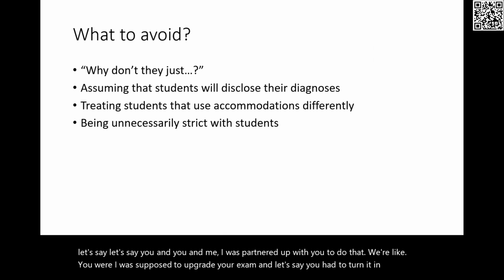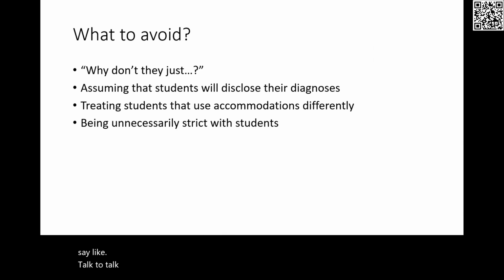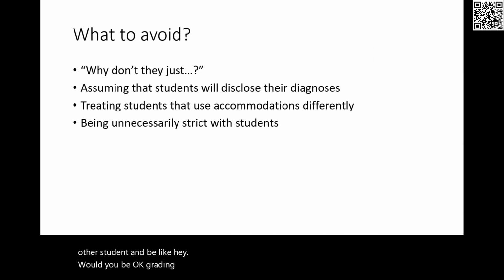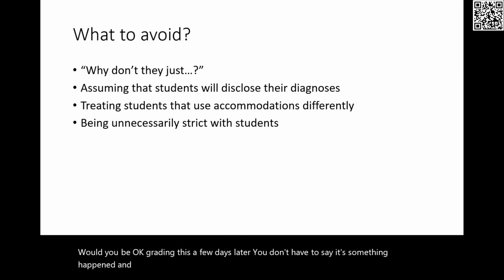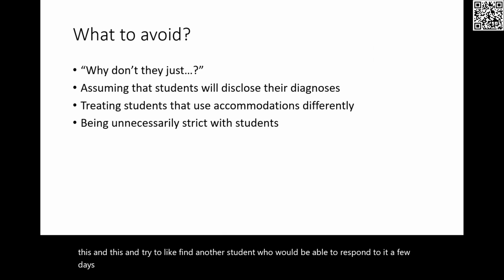The instructor would talk to the other student, like, hey, would you be okay grading this a few days later? You don't have to say something happened and they turned it in late, but would you be okay with that? And if they said, oh no, sorry, I have this and this, try to find another student who would be able to respond to it a few days later, assuming that this is only one student.